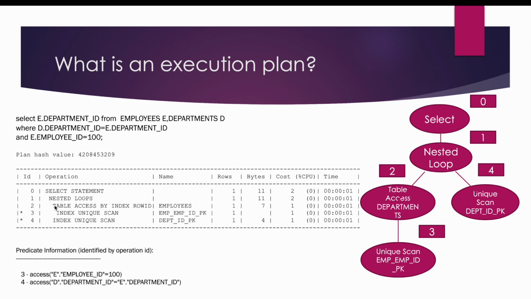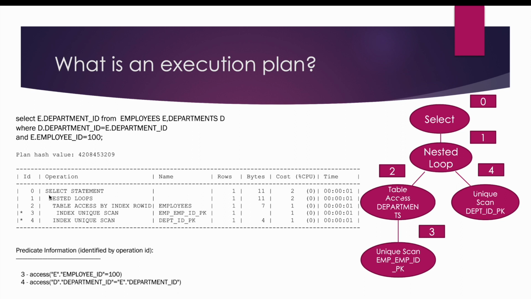Now 2 is the child, its parent 1 should execute, but in order for the parent operation 1 to execute, both its children should execute, that is 2 and 4. So after 2, operation number 4 will execute. If you see the execution plan using the parent-child relationship, operation number 4 is getting executed. So after 2, operation number 4 will execute, and once both the children, 2 and 4, are executed, operation number 1 will get executed because it is the parent for both of them.